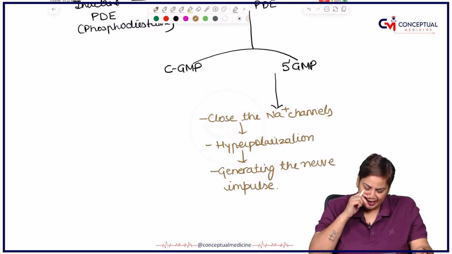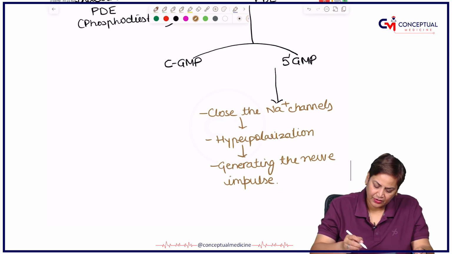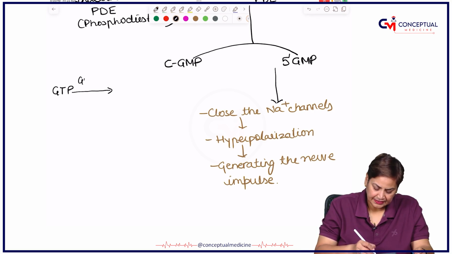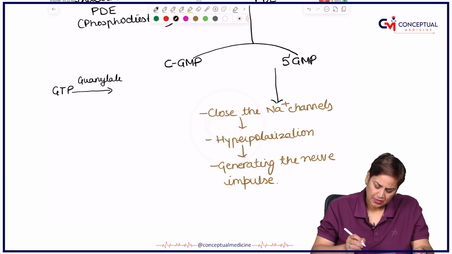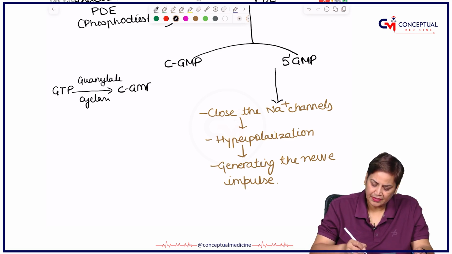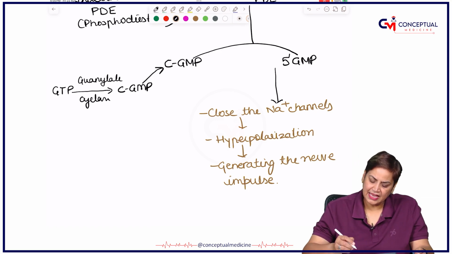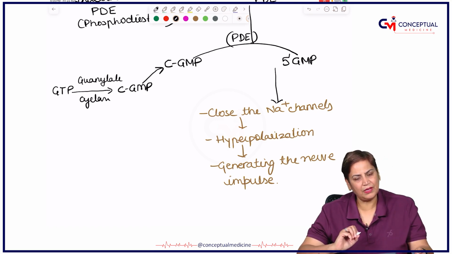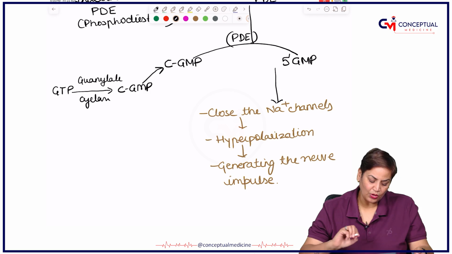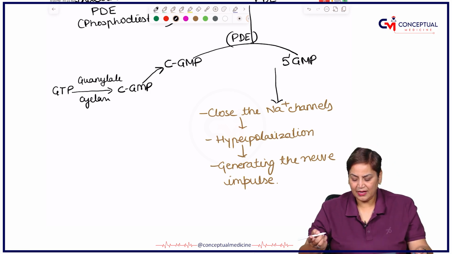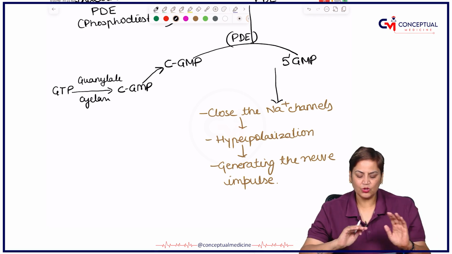And I would just write the full equation. Actually, the equation which is working here is this. We know that GTP in the presence of guanylate cyclase forms cyclic GMP, which is this. And this cyclic GMP in the presence of phosphodiesterase enzyme forms 5' GMP. So once 5' GMP is there, it is going to close these sodium channels by leading to hyperpolarization and generation of the nerve impulse. So this is occurring stepwise.